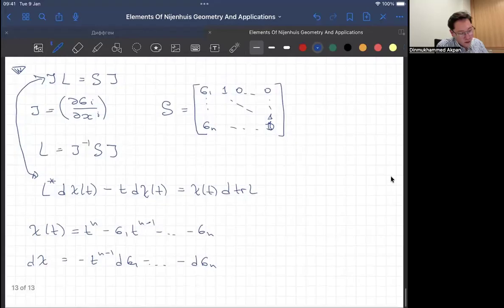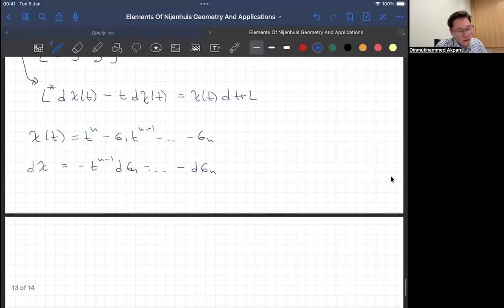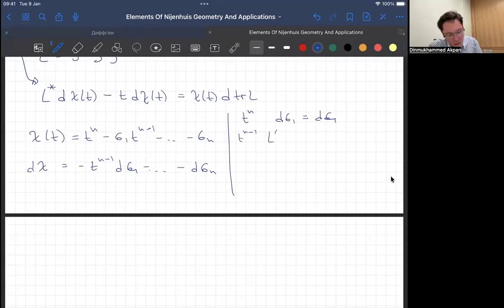If we substitute it here and collect the powers of t, we get relations like this. For t^n, we have just the identity, sigma 1 equals sigma 1. For t^(n-1), it will be L star d sigma 1 equals sigma 1 d sigma 1 plus d sigma 2.